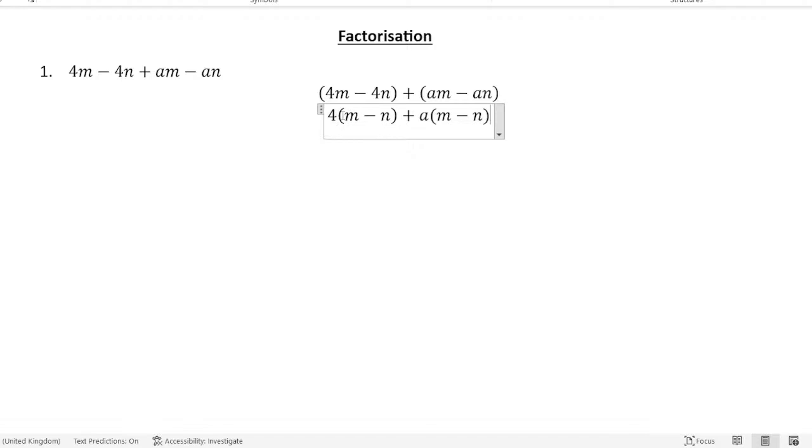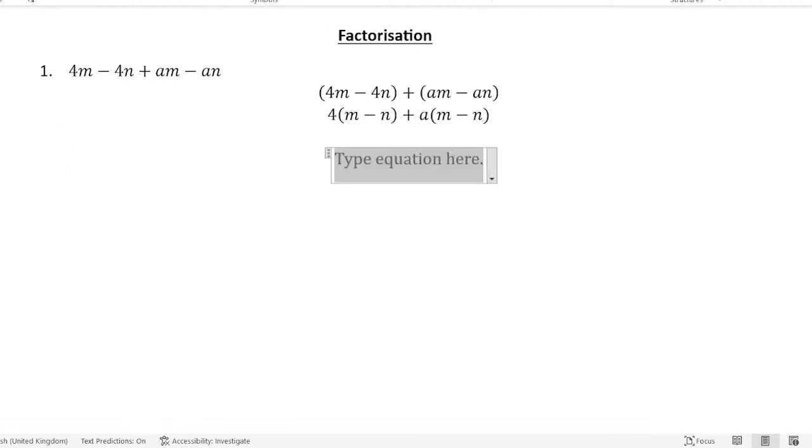At this stage, we also have a common factor. Can you guess what it is? Our common factor here is m minus n, and also m minus n. On this term we have m minus n, and on this term we have m minus n. So that is our common factor. Now we take out the common factor m minus n.